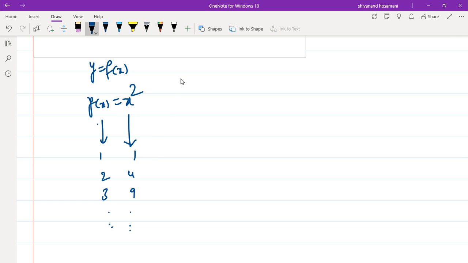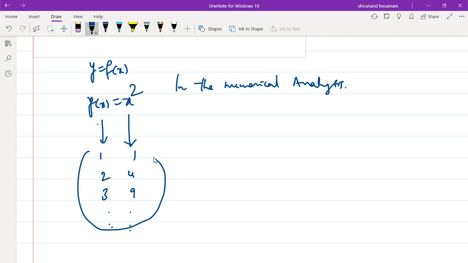But in numerical analysis, we go for the converse. That means these values will be given: the ordered pairs 1 comma 1, 2 and 4, 3 and 9, and so on.